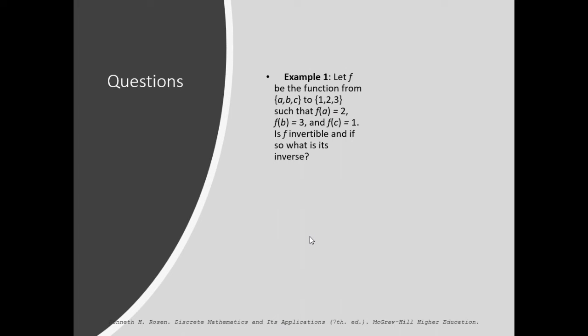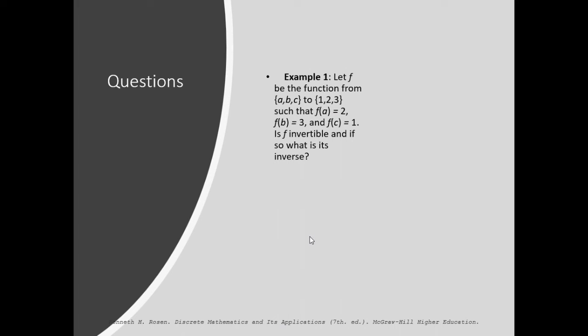So first of all, we have to look at the cardinality of the two sets. For {a, b, c} and {1, 2, 3}, the cardinality is the same. Look at the mapping. f(a) is equal to 2. 2 is the image of a. Is 2 the image of any other element? No. So all the elements a, b, c have a unique image in the codomain, and therefore this is one-to-one.